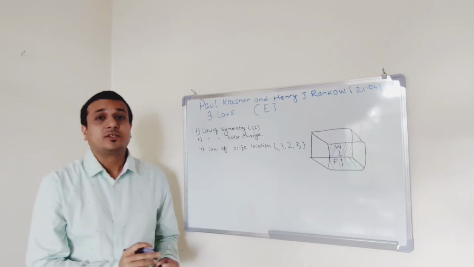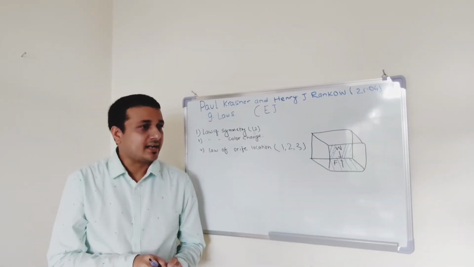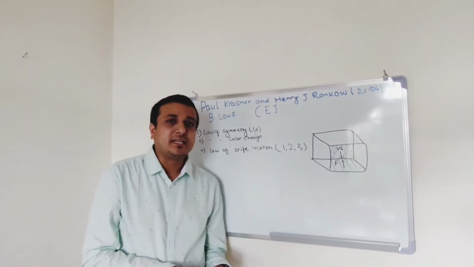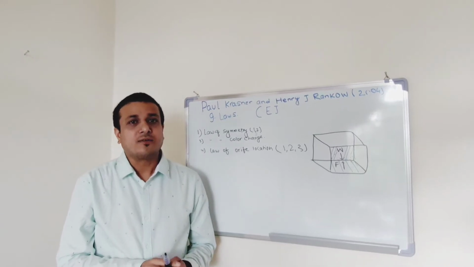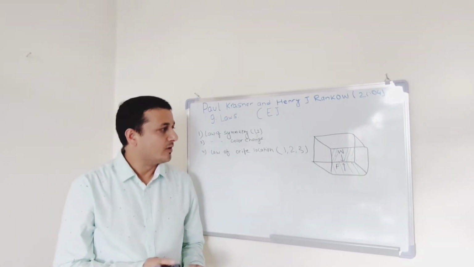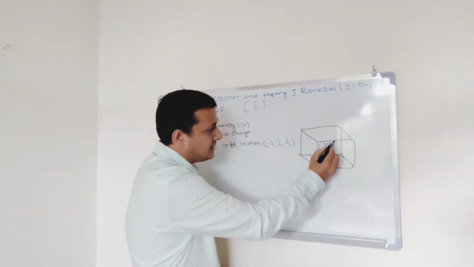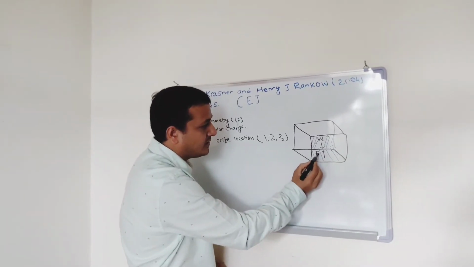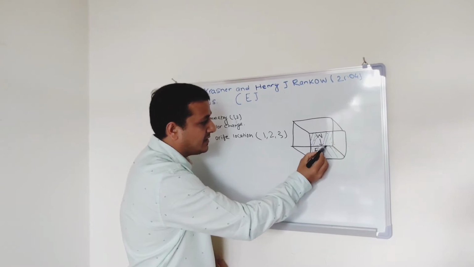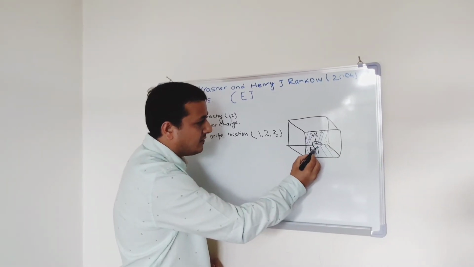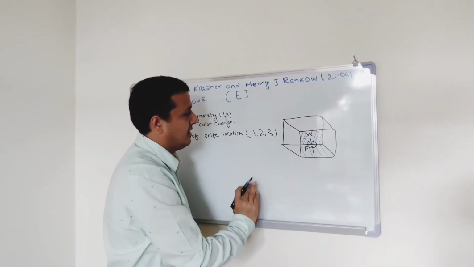Law of orifice location 1 basically says that the orifices are presented on the junction of the wall and the floor. Let us assume this is the box. When you see the wall is there and the floor is there, the orifice will be presented on the junction of floor and the wall.